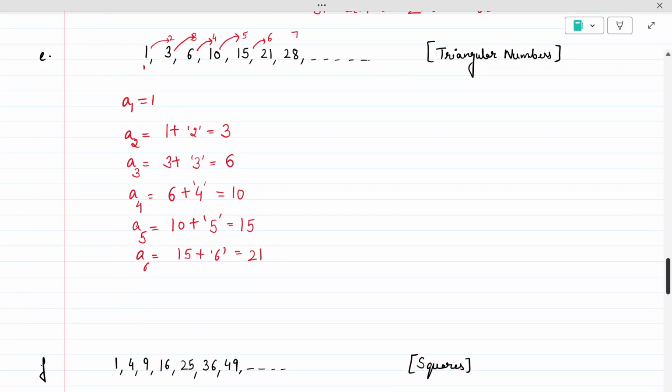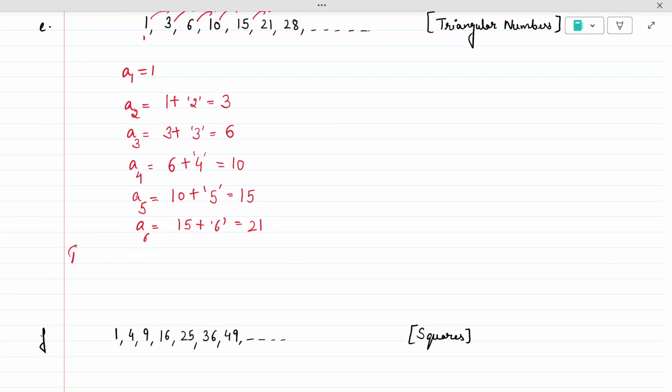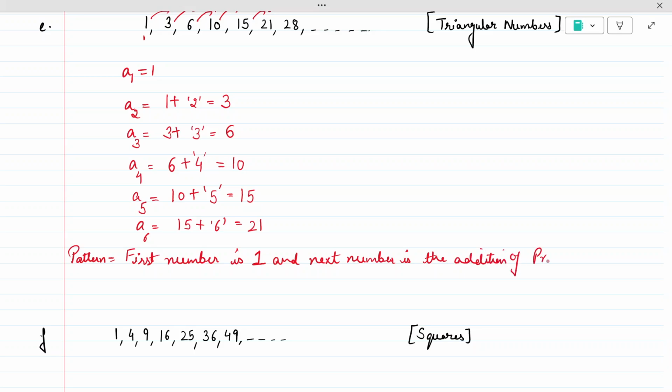So what I can write here is the pattern it is following. The pattern is: the first number is 1, and the next number is the addition of the previous number and the position of the number which we have to find out, the current number.